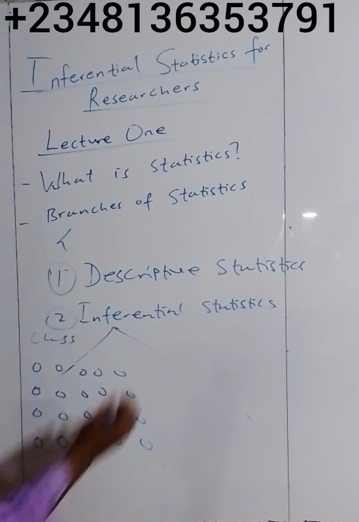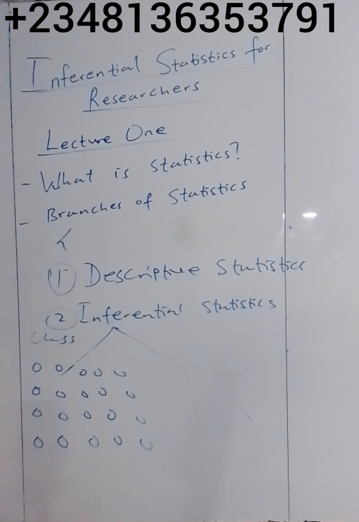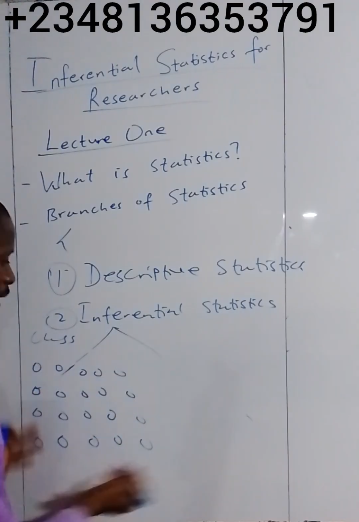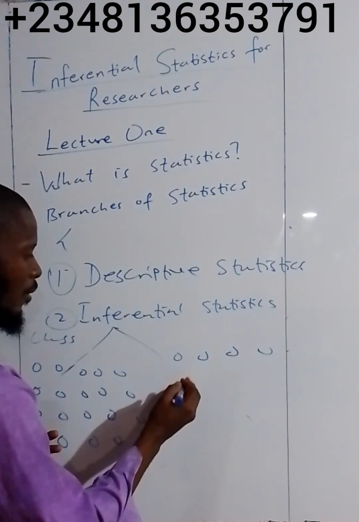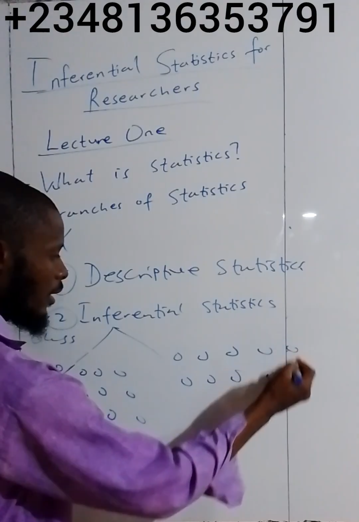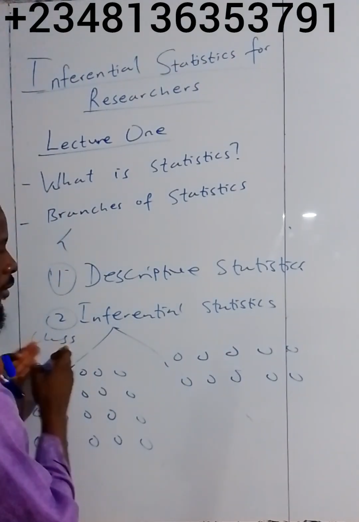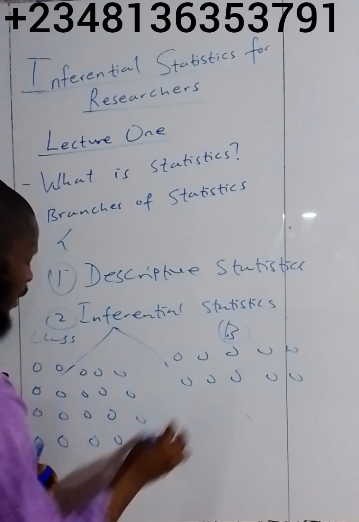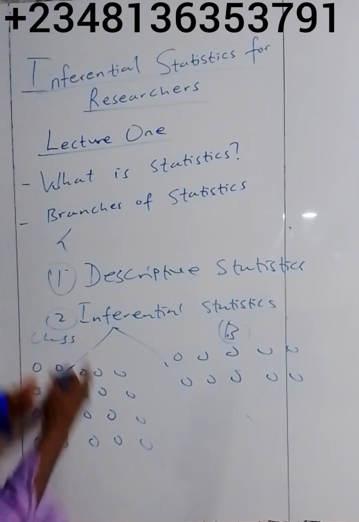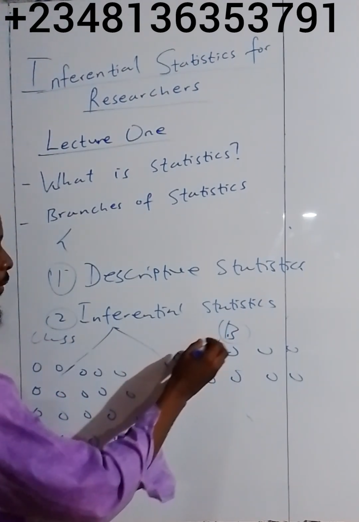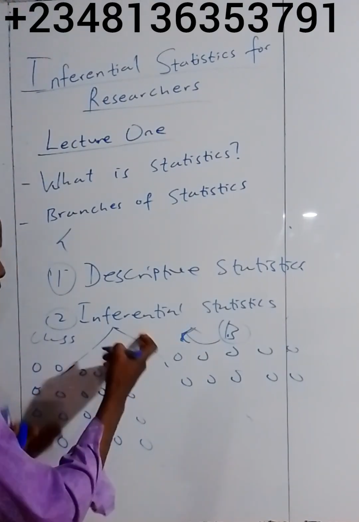So this is the population. Now, let's assume that I cannot have access to all these students. I can just take a sample, for instance, just 10 students out of these 20. Let's say I just pick any 10. So this is the population and this is the sample. Based on this sample that I've selected from this population, I can actually draw conclusions about this population.